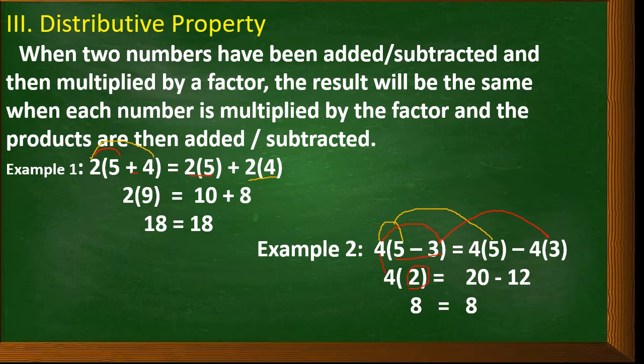Bring down 4. 4 times 2 is 8. On the other side, we have 4 times 5, that is equal to 20, and 4 times 3 is 12. So 20 minus 12 is equal to 8. So they are the same. The property illustrated is distributive property.